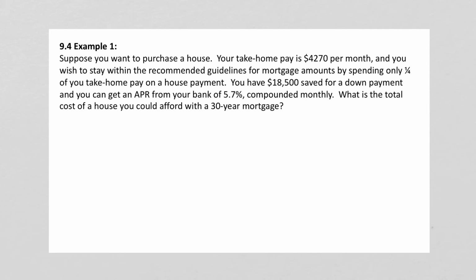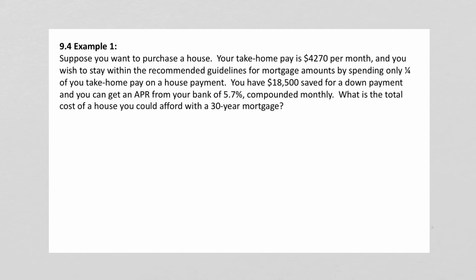Okay, so the fact that they have a down payment is great, but we don't need to worry about that until the end. We're going to use the formula for maximum purchase price. I think that's fairly obvious with this because we're trying to find the maximum purchase price.